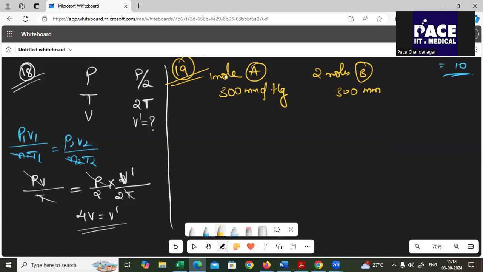Initially these two were separated. Now if the separation is removed, then how much is the total pressure?